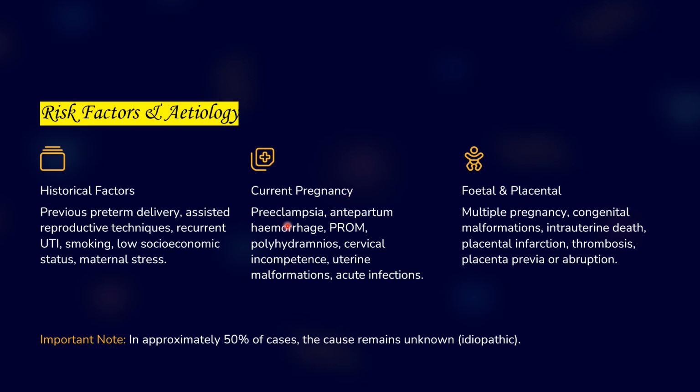If the mother is suffering from preeclampsia, antepartum hemorrhage, premature rupture of membrane, polyhydramnios, cervical incompetence, uterine malformation, and acute infection, it can also cause preterm labor. In fetoplacental causes, multiple pregnancy, congenital malformation, intrauterine death, placental infarction, thrombosis, placenta previa, or abruption can also cause preterm labor.